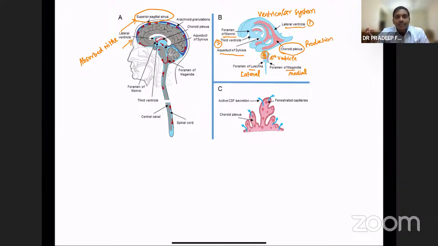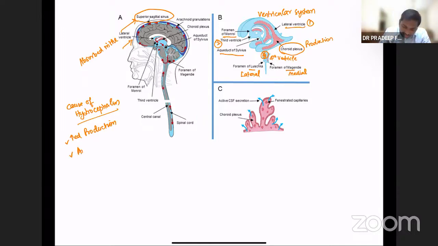These are the causes of hydrocephalus or raised intracranial pressure. Whenever there is increased production, like in a case of a choroid plexus tumor, that can cause hydrocephalus.